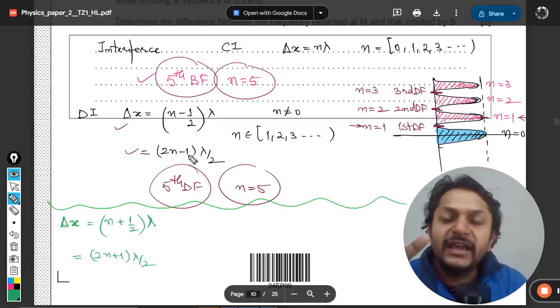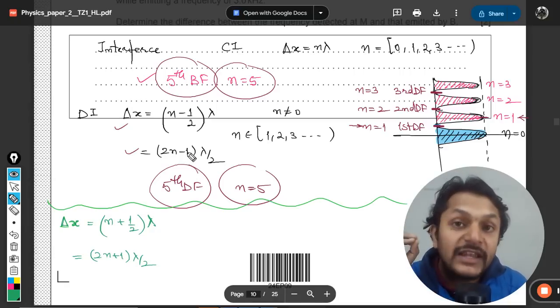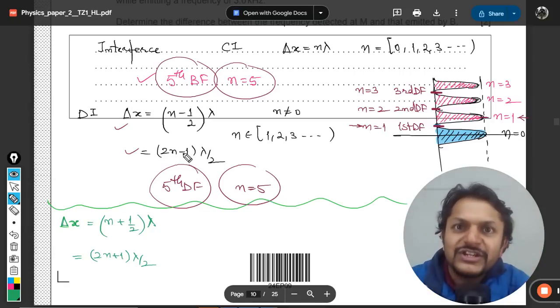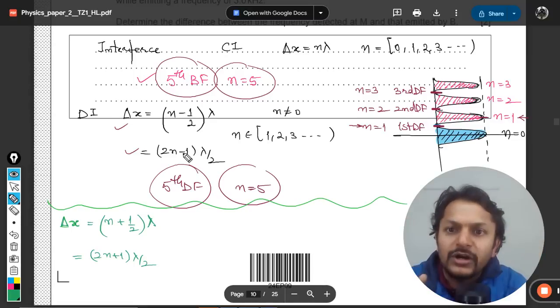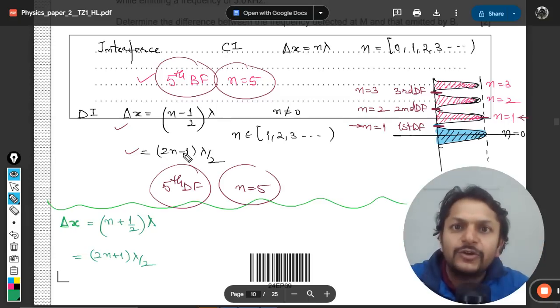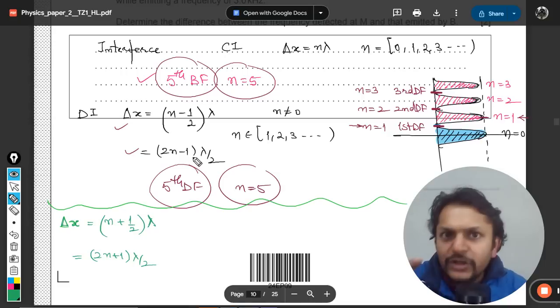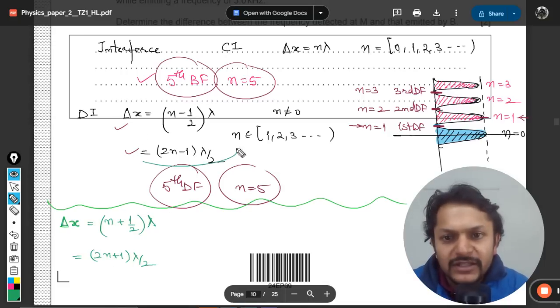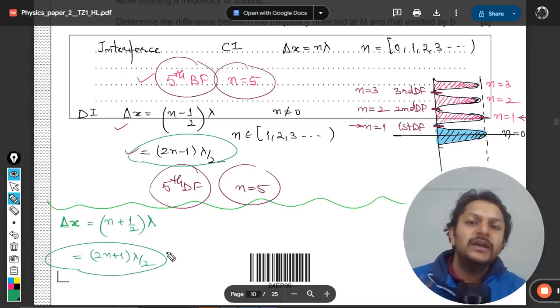These two formations are like odd multiple of lambda by 2. Many times you would have read this in your questions and in the book. For the destructive interference, it is the odd multiple of lambda by 2. So 2n minus 1 is also an odd number, 2n plus 1 is also an odd number. That is the essence of this formula and this formula, nothing more.